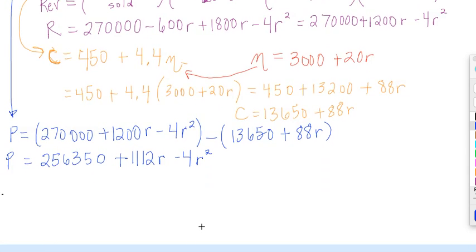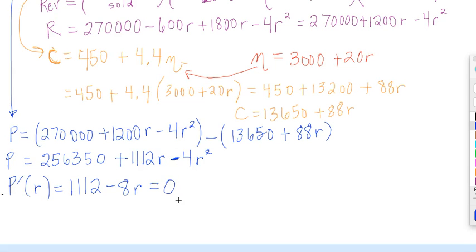That's fairly easy to differentiate, but I'm going to keep going. It's a complex problem. So P prime of R, that derivative, is 1,112 minus 8R. So we want to find where P has a max. Obviously it's a parabola, and it opens down because this has a negative coefficient in front of the r squared term.